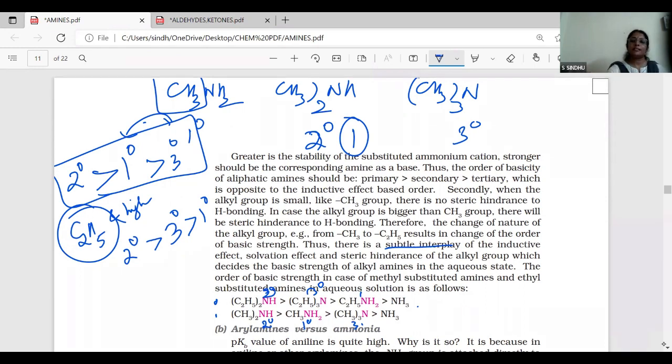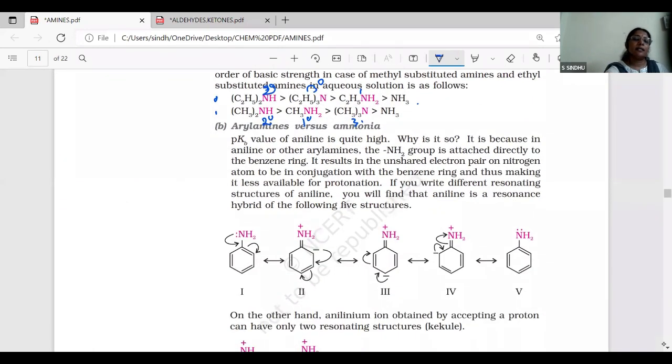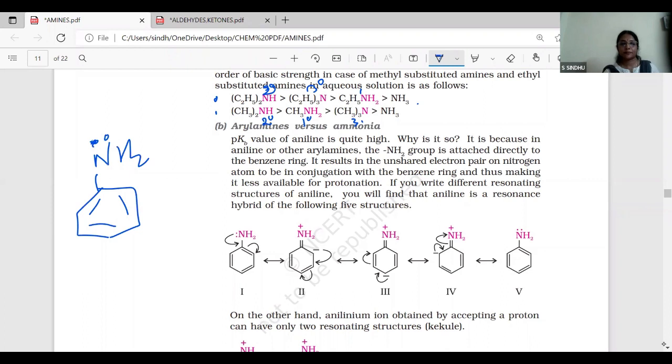So based on that, after explaining only, we can talk in terms of pKb values. And aryl amines, when it comes to aryl amines, are they more basic or less basic than aliphatic? Less basic, yes. So that is another thing, we have comparison of aliphatic and aryl.